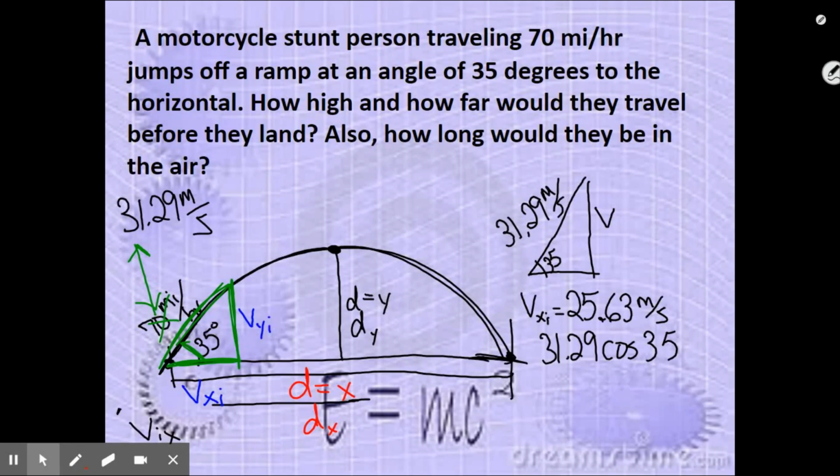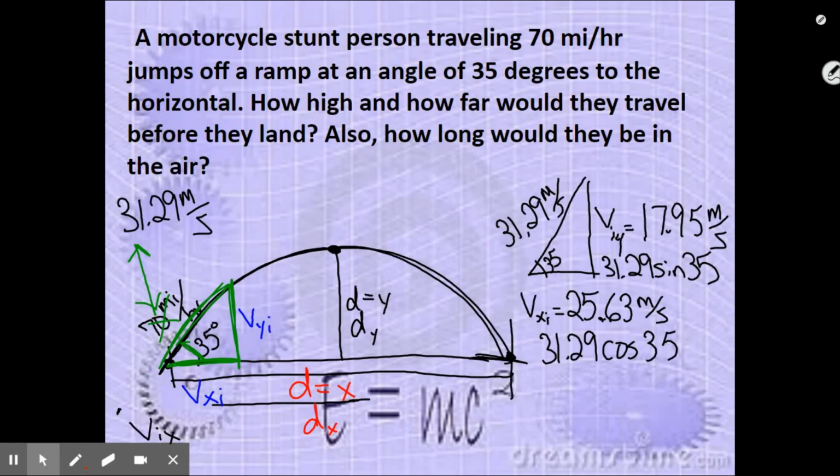Then velocity initial for the y is going to be 31.29 sine of 35. So if we plug that in, we get 17.95 meters per second. Now, if your rounding is a little bit different than mine, that's fine. Maybe you have 17.94, 17.96. As long as you're close, you're on the right path.